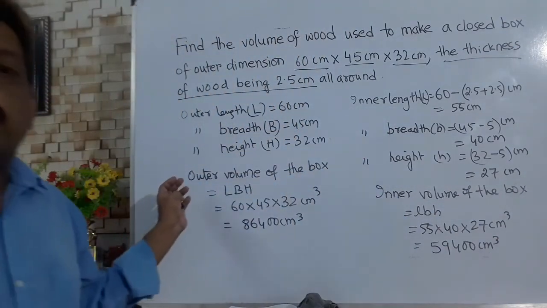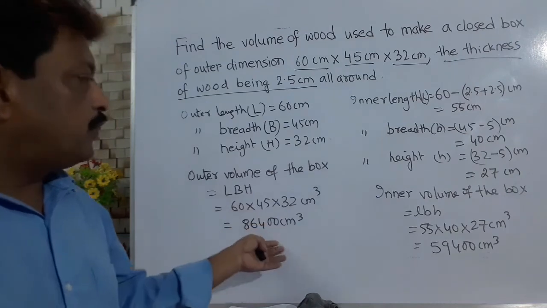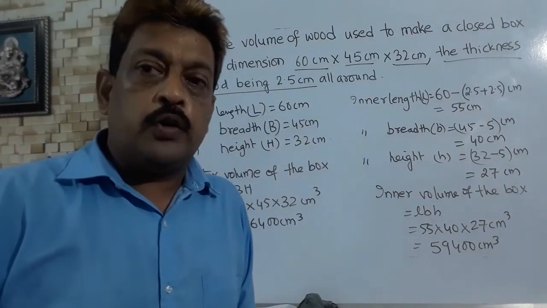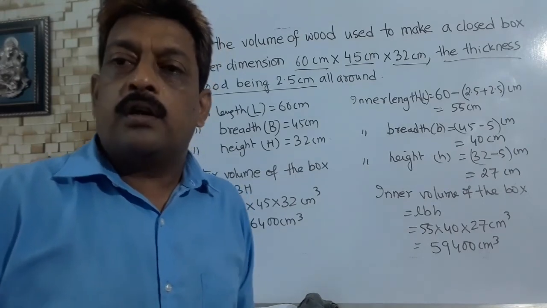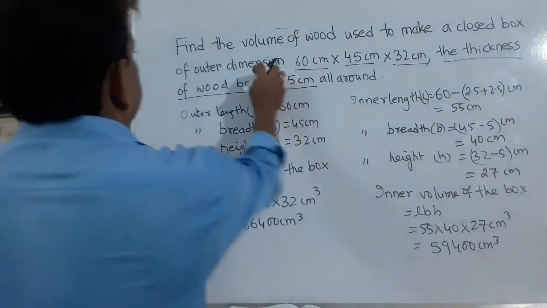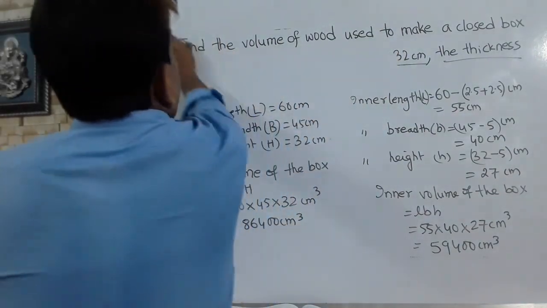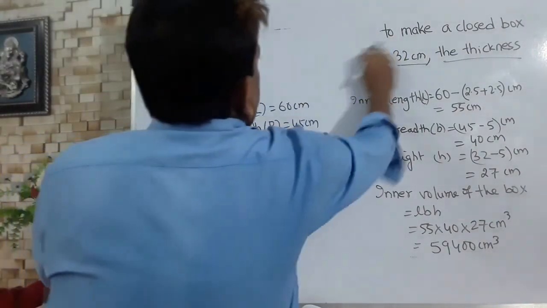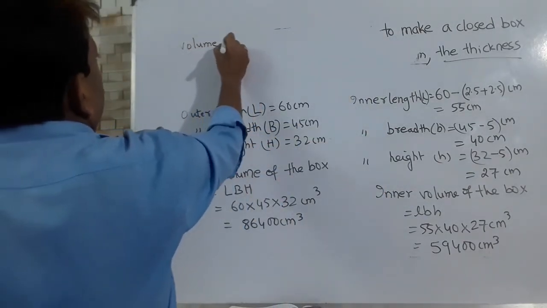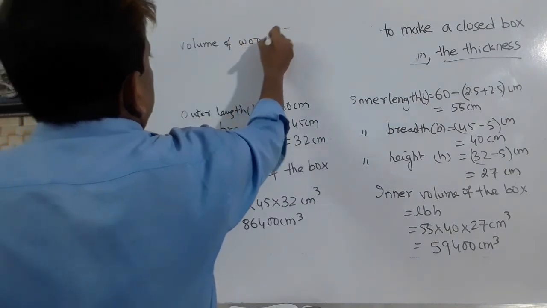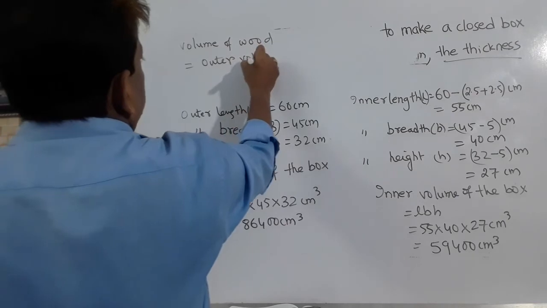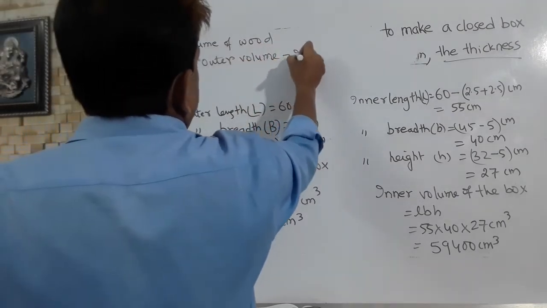So now we have got the outer volume of the box as well as the inner volume of the box. Now we have to find the volume of the wood. So volume of the wood is outer volume minus inner volume. So volume of wood equals outer volume minus inner volume.